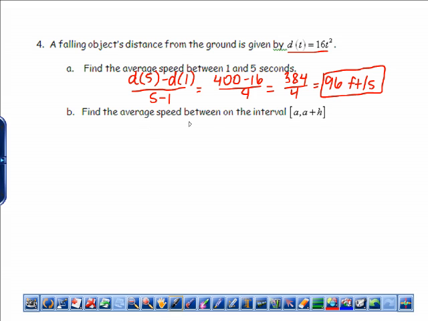So part B says, find the average speed on this interval. Now this should look familiar to you, even in your after party recently.